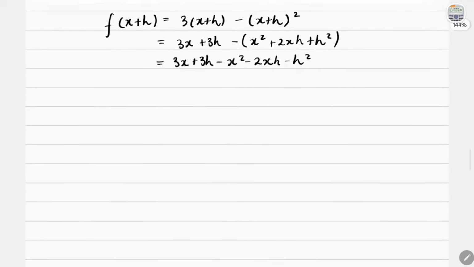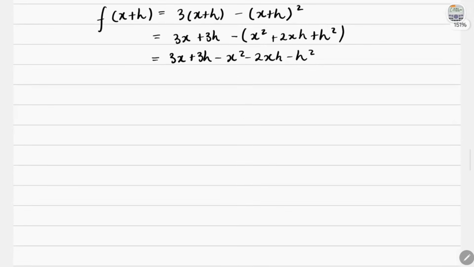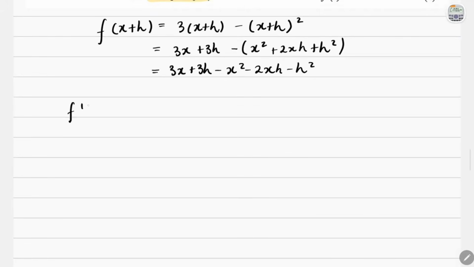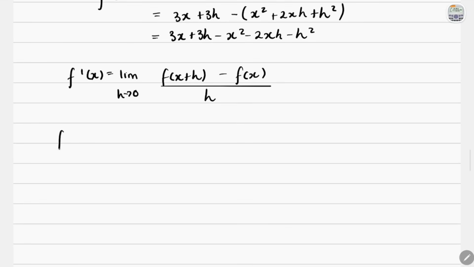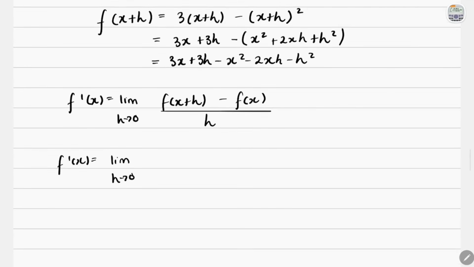Okay, and now we can write down our formula. So to derive this using first principles, we say f prime of x is equal to the limit as h approaches 0 of f of x plus h minus f of x, all over h. So f prime of x is simply equal to the limit as h approaches 0, and we say f of x plus h, which is everything here.